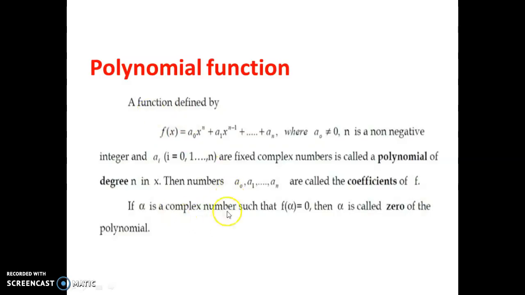Suppose alpha is a complex number such that f(alpha) = 0, then alpha is called a zero of the polynomial, sometimes a root of the polynomial.